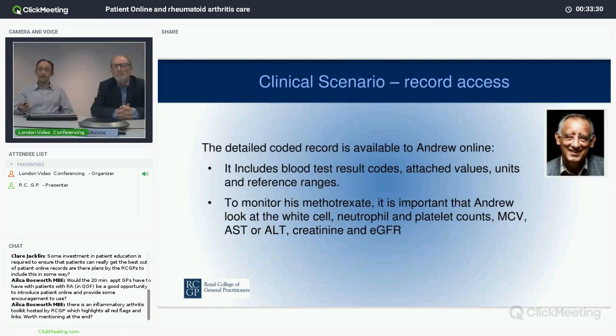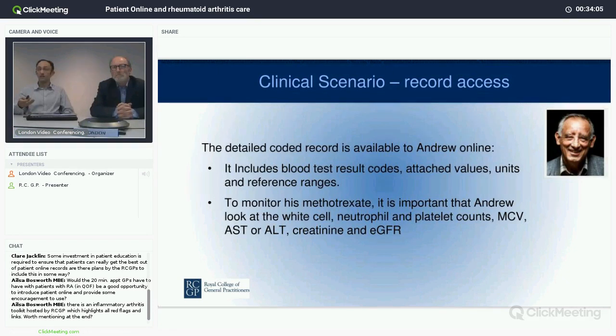In terms of his methotrexate, it'll be important for Andrew to look at other aspects of the coded information, the white cell count, the neutrophils, platelet counts, etc., MCV, AST or ALT, depending on what the local lab uses, creatinine, eGFR. Obviously, he will want to look at other aspects of his inflammatory markers, particularly such as his CRP, ESR, and his full blood count.